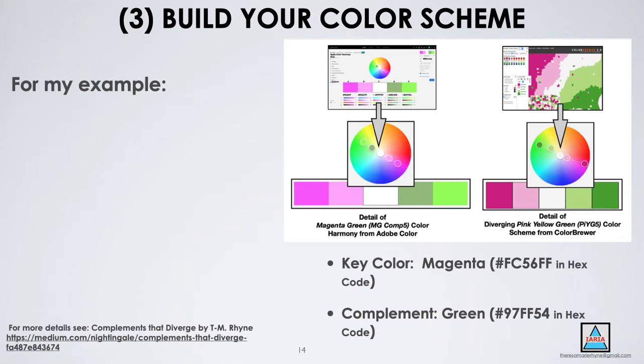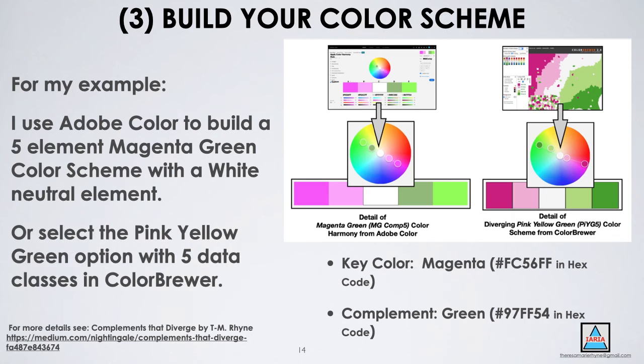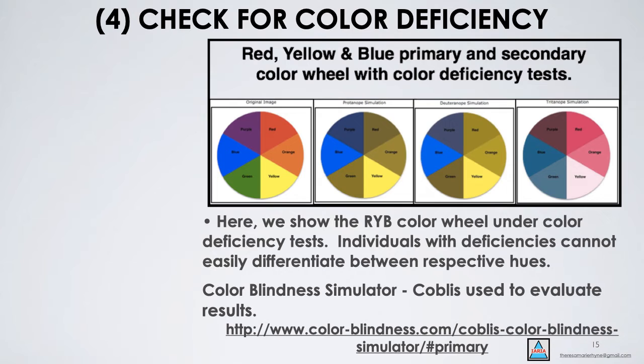They both come together. So for my example, I'm going to use Adobe Color to build a 5-element magenta green color scheme with white as my neutral element. Or I can just go into Color Brewer and I can get the pink yellow option and select 5 classes of data.